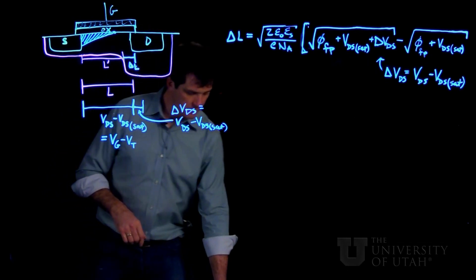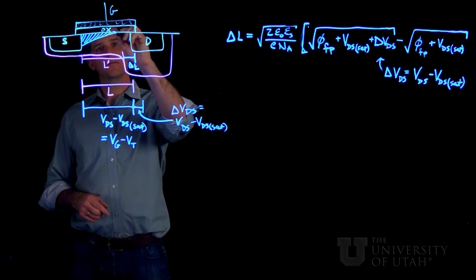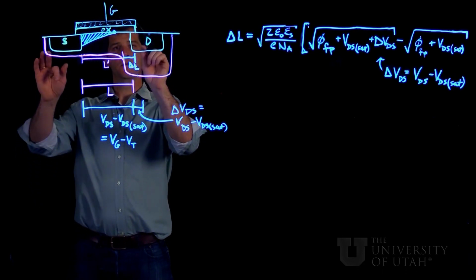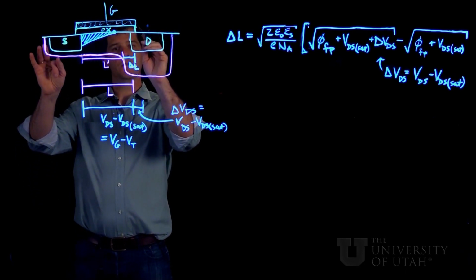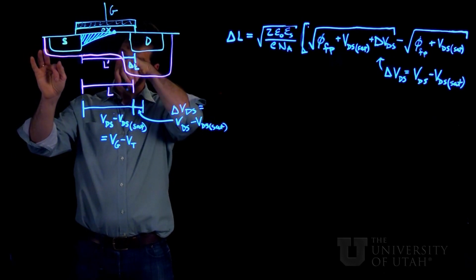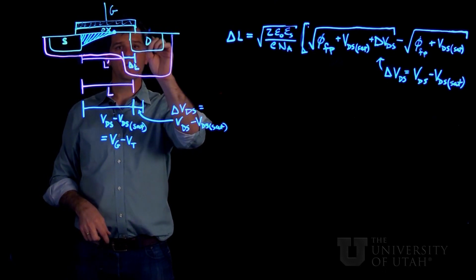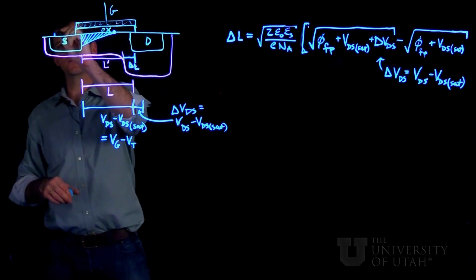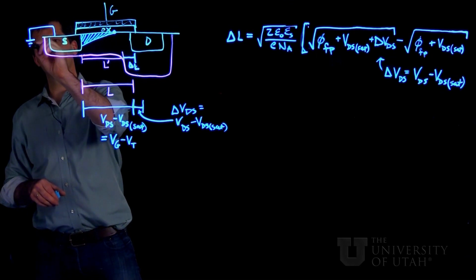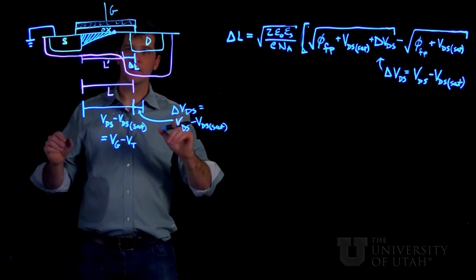So in pinch-off, what's happened is we've extended the depletion width around the drain, especially because we've applied some source to drain voltage. And remember, we're assuming this is grounded.